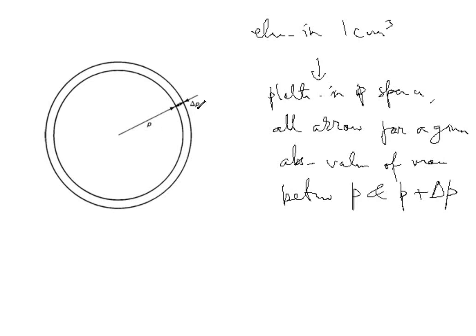Now you see, what do you see? Well, all these arrows end in a spherical shell with radius P, and the thickness of the shell is delta P.